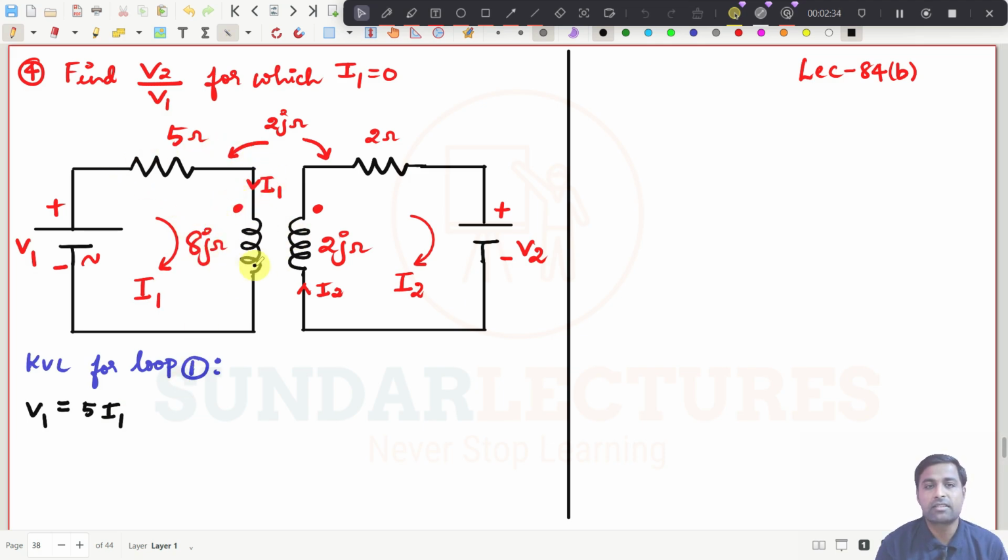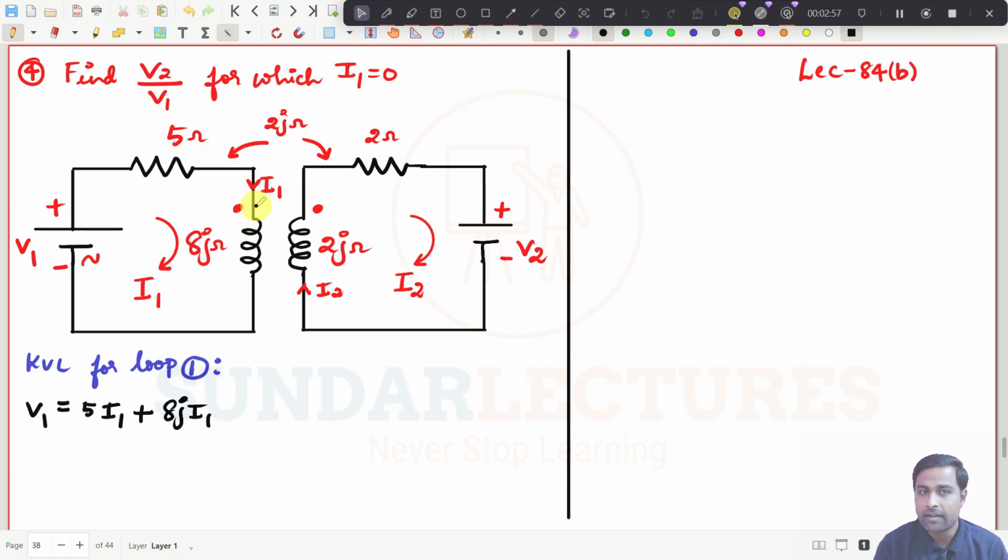See here, this is a coupled coil now, and I need to write the self-induced EMF as well as the mutually induced EMF. For the self-induced EMF, it is straight away plus 8j into I1. I don't need to see any current directions or dots for that. Now I need to write the mutually induced EMF.